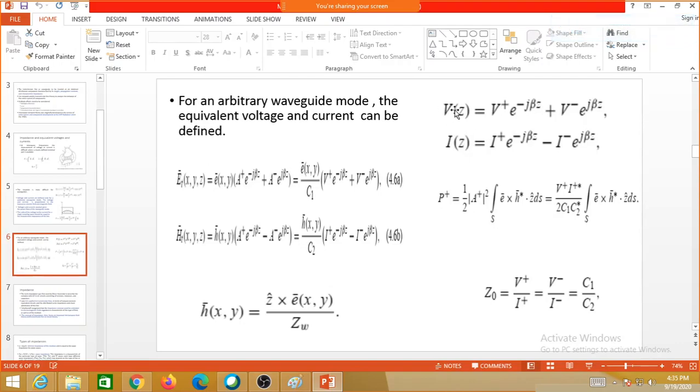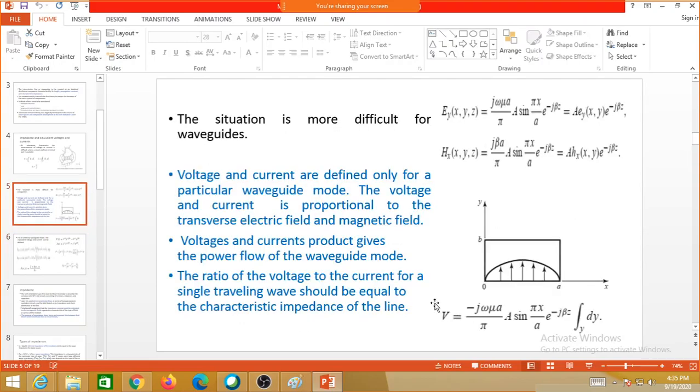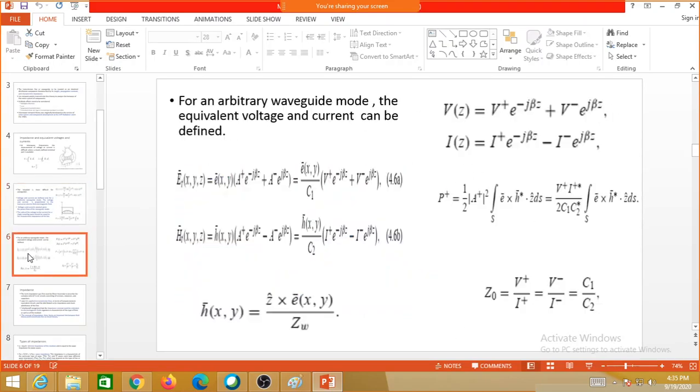Now if you take this V and I, as we already had in the previous equation for calculating the voltage from the electric field, we can take them as voltage and current here. These are all constants, which we can take as C1 and C2 for electric and magnetic field.